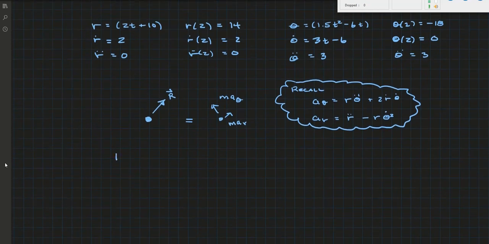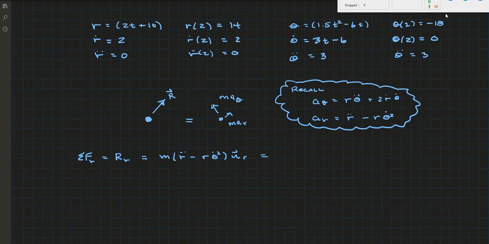So if we were going to sum forces in the r direction, then we would end up with this relationship where on the left you have the forces acting, and then on the right you have mass times acceleration.